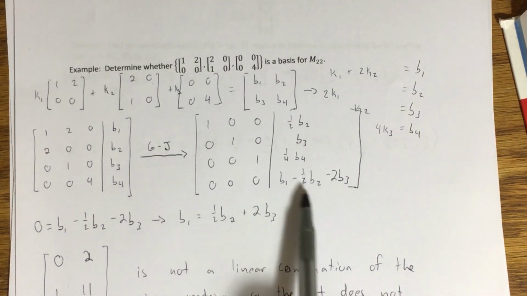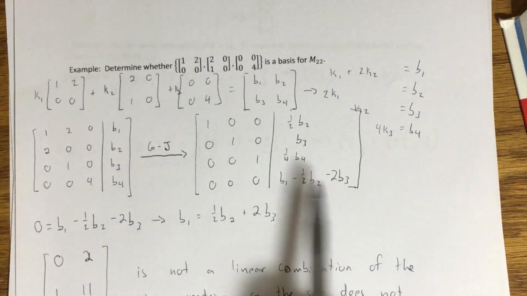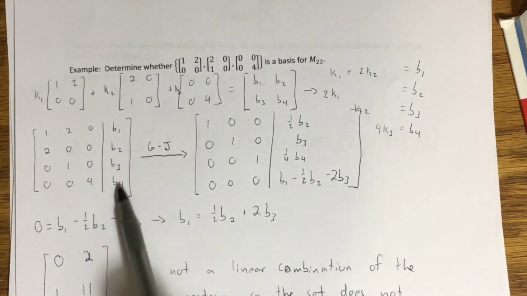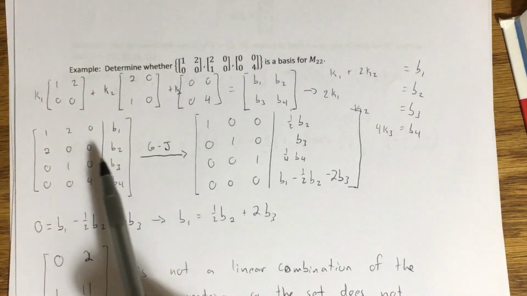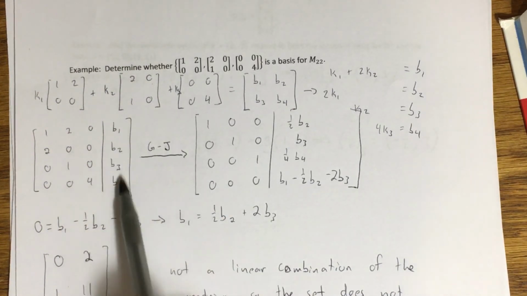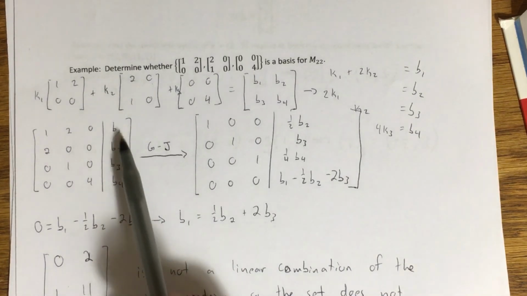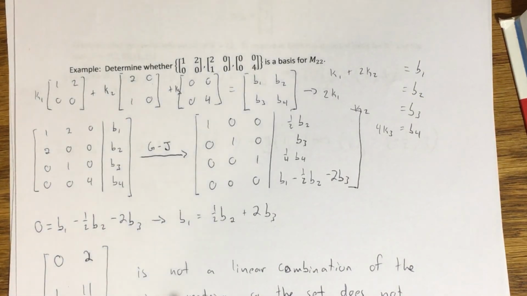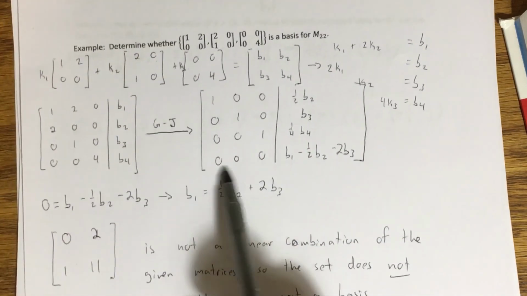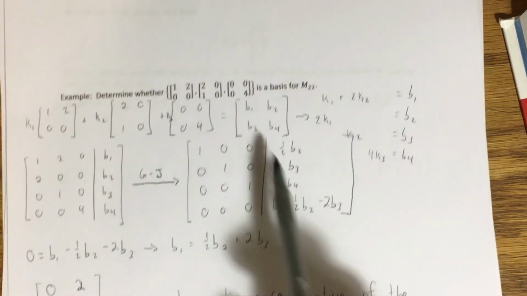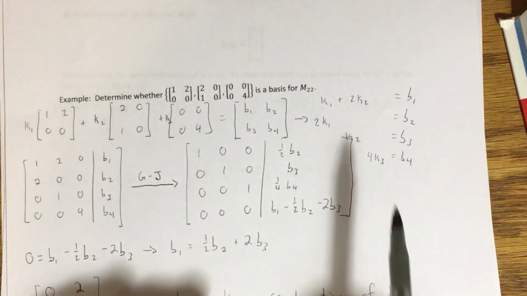And that row of zeros is what gave us a condition that needed to be in place on this column vector in order for us to have a consistent system. And that condition is going to prevent this from being consistent for all choices of these b's, only the choices that fit that requirement. And so the end result there is that this row of zeros actually implies that this set does not span our vector space.